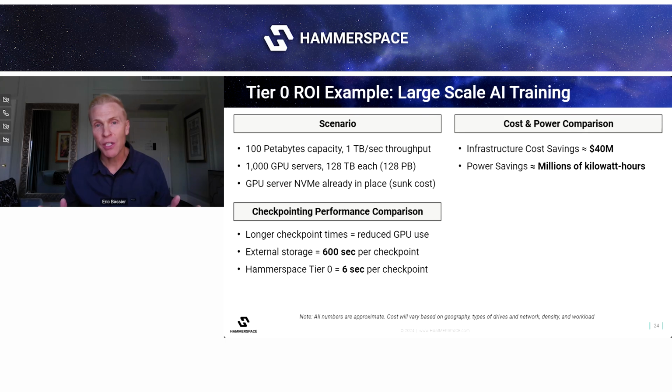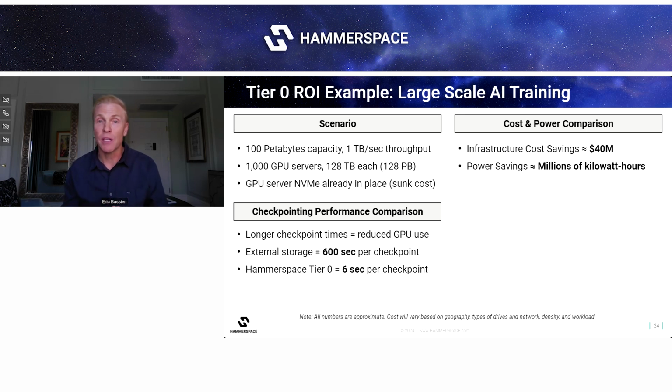From a pure cost savings and power savings perspective, if we can turn on or allow you to use petabytes of storage capacity that's just sitting in your GPU servers, you can reduce your external storage costs significantly. And at this scale, you're talking about roughly $40 to $50 million of external storage costs that can be avoided. The power savings is equally substantial, and we're talking millions or even tens of millions of kilowatt hours saved over a few years.